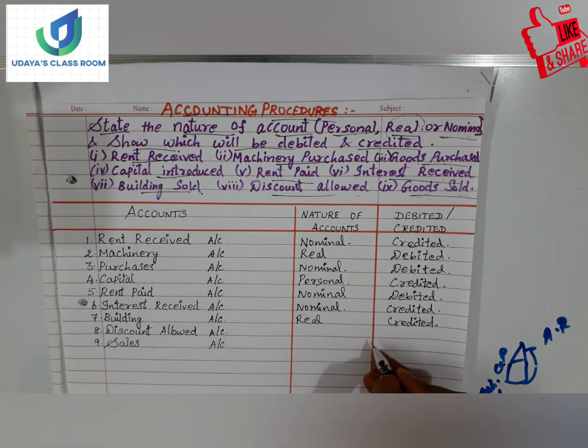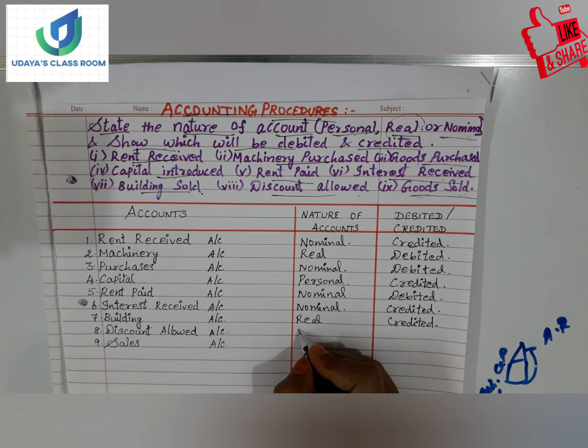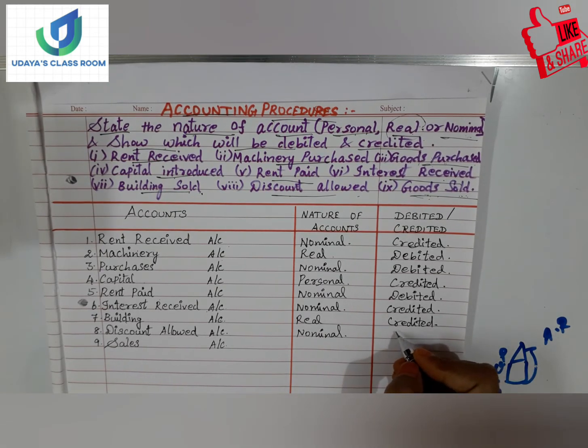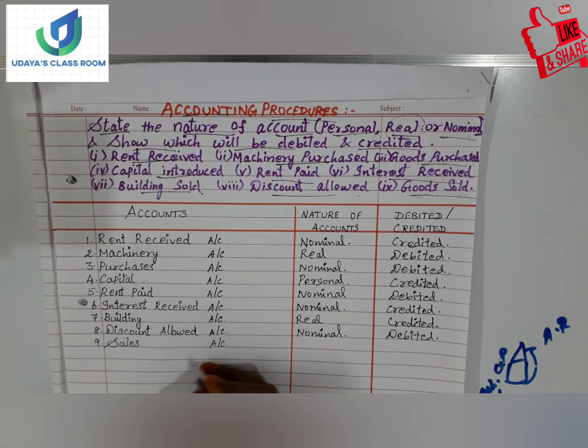Okay. And the next is discount allowed account, which means we have allowed discount. So for the company, it would be an expenses, right? So it is nominal account. The nature or type of account is nominal. So what we have to do? Debit all expenses and losses. So we have to debit here. At last we have sales account.